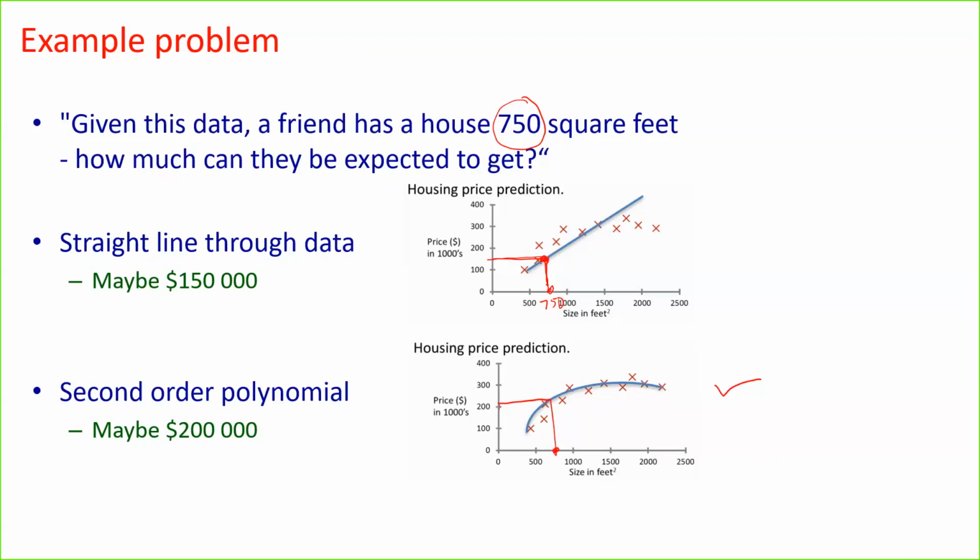Suppose you assume that the data is linear, it means the relation between output and the input variables is linear, then we may go for the line or a hyperplane. If you assume the relation is non-linear, we may go for the second order polynomial or third order polynomial and so on, nth order polynomial. So what kind of model we employ depends on the assumptions that we make about the data.